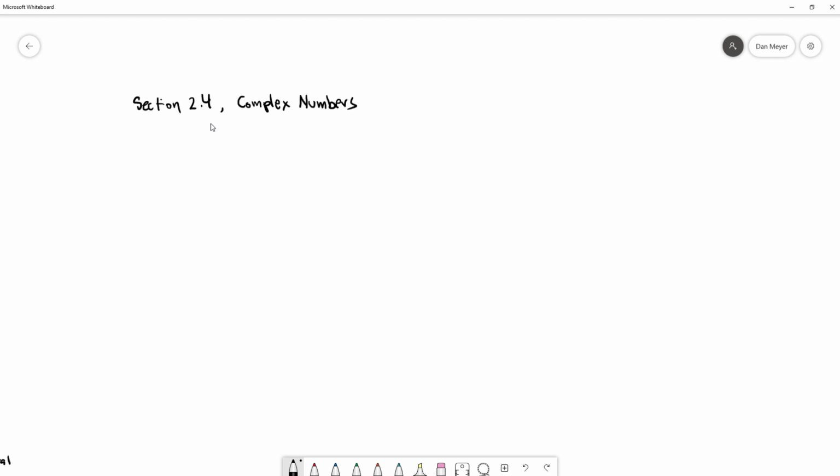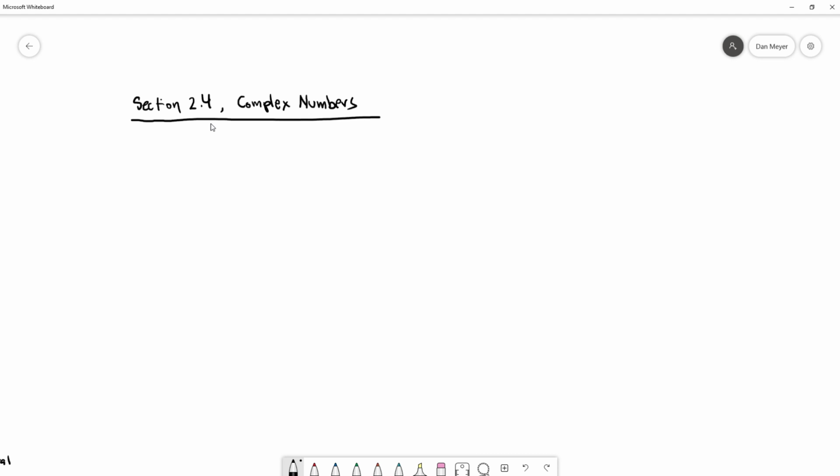The name complex numbers makes them sound scarier than they are. Complex numbers are not nearly as scary as complex fractions or complex factoring. Complex numbers are actually pretty easy.